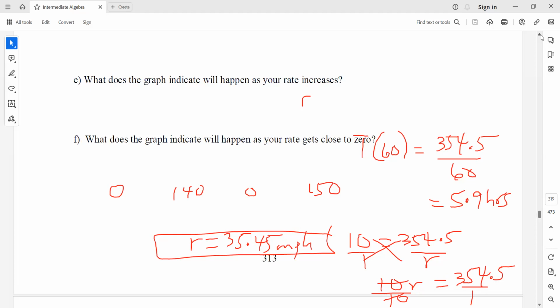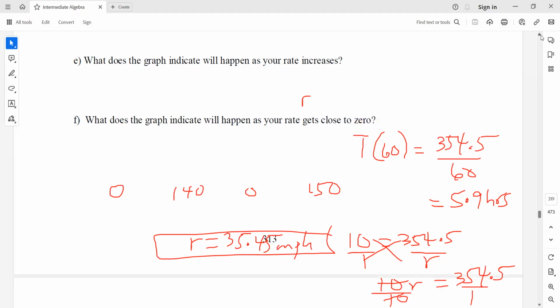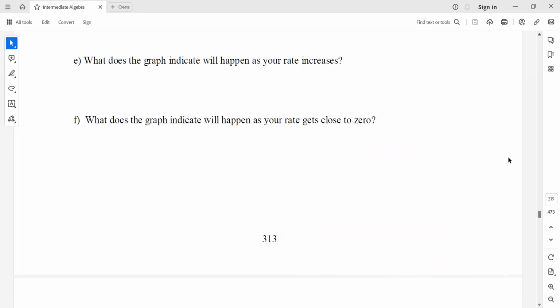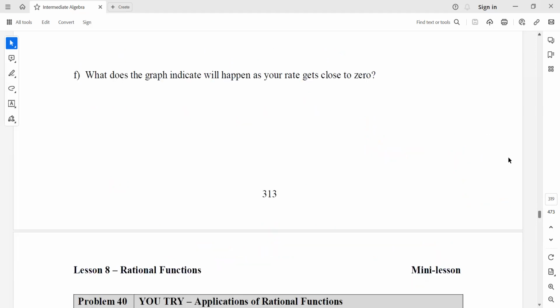What does the graph indicate will happen as your rate gets close to zero? As R approaches zero, the time increases, okay? Because if your speed is going down, your time of travel is going to increase.